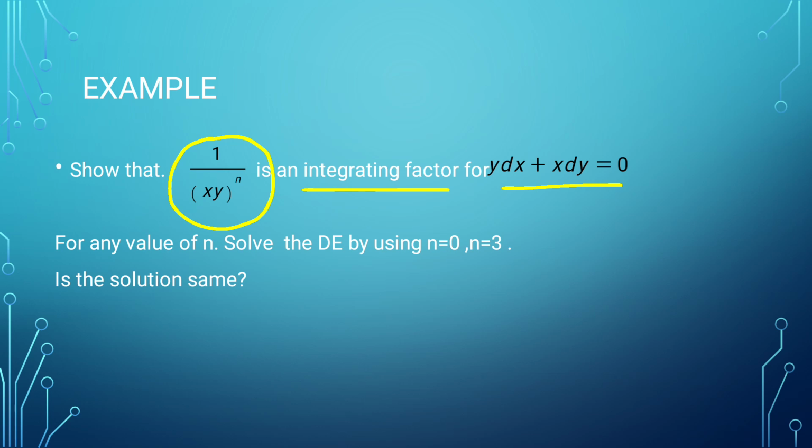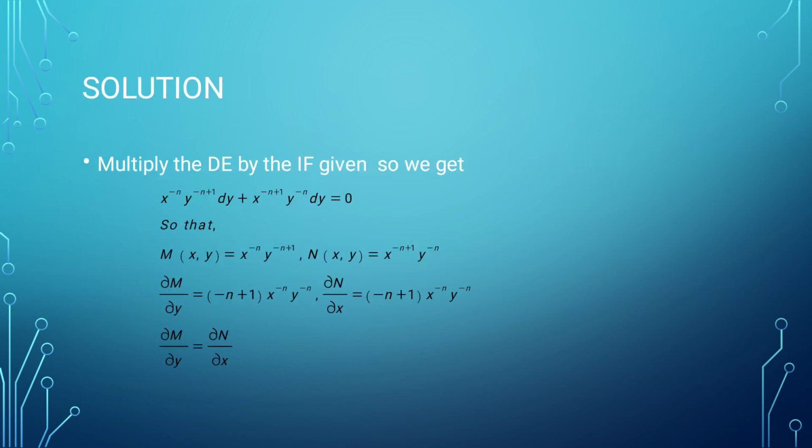Then solve the DE by using n equal to 0 and n equal to 3. And then the question that we need to investigate is: is the solution the same when n is equal to 0 and n equal to 3? You have to investigate that.